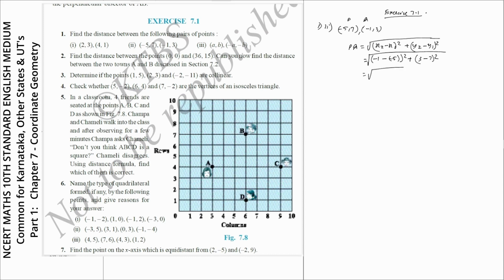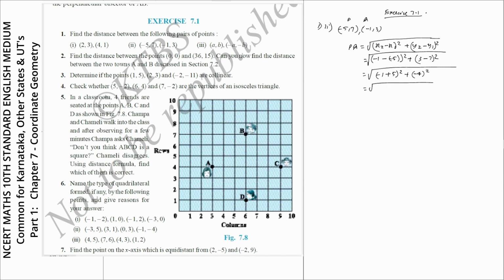So this is equal to square root of, so minus 1, minus into minus is plus 5, so minus 1 plus 5 the whole square plus, so 3 minus 7 is minus 4. So 7 minus 3 is 4, sign of greatest sign, that is minus, the whole square.